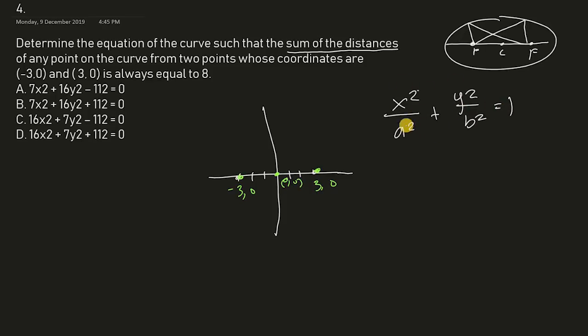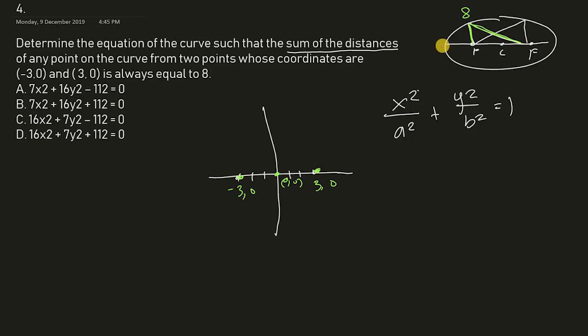First of all, the a squared is under x because I know that the foci lie on the x-axis, which is where A is located. A and C always go together. C is the foci, A is the vertex. Now, alright guys, if this is our ellipse, it says the sum of this distance and that distance is equal to 8.